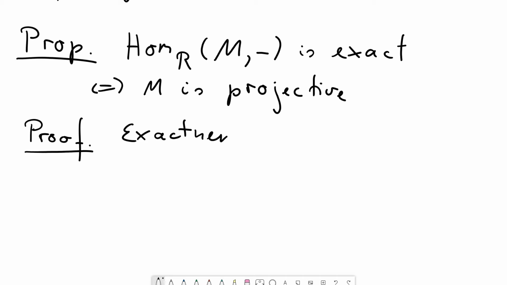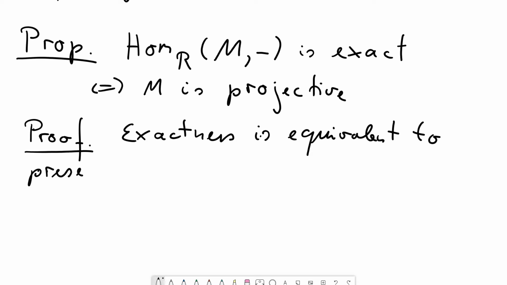Exactness is equivalent to preservation of surjectivity, because preserving exactness of the rest of the short exact sequence is automatic, as we just saw from the general nonsense.